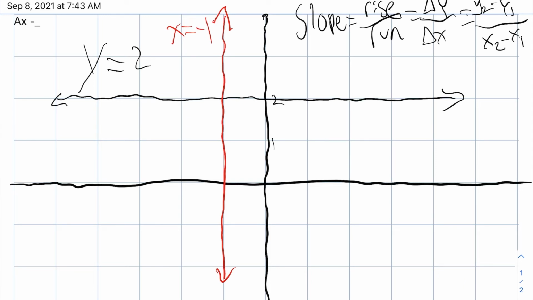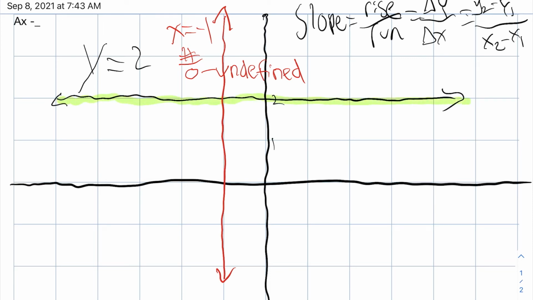When we have a vertical line like this, our run would be 0. Think about it as, I have any number on top, but if I have a 0 in my denominator, we call that undefined. If we get a vertical line, we don't say it has a slope of 0, we say it's undefined.